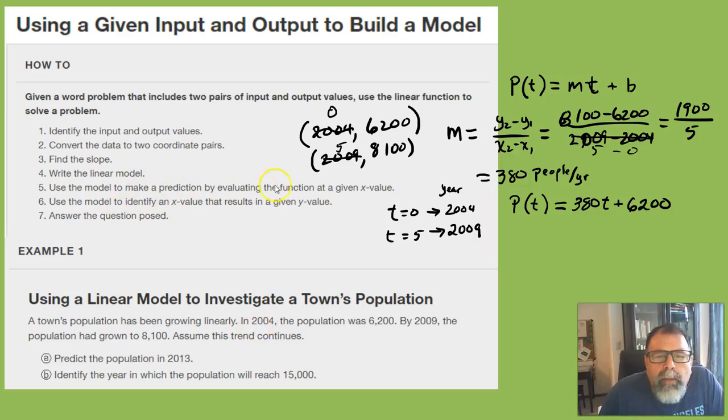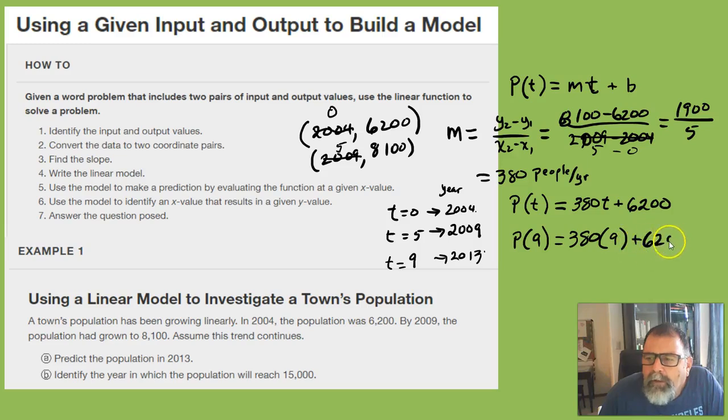Now we can use the model to make predictions by evaluating for the given x, or in our case t. So 2013, so t equals what for 2013? So we just have to subtract 2013 minus 2004, which will get us 9. So P of 9 would be 380 times 9 plus 6,200.